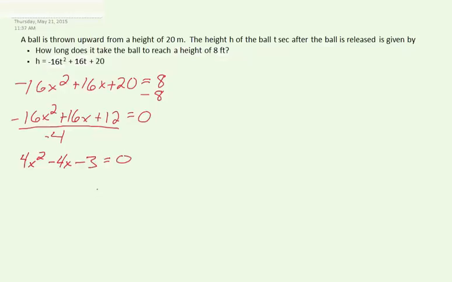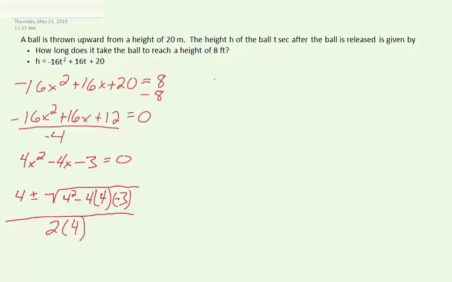So we plug this into the quadratic equation, we will get 4 plus or minus the square root of 4 squared minus 4 times a, which is 4, times c, which is -3, all over 2a.